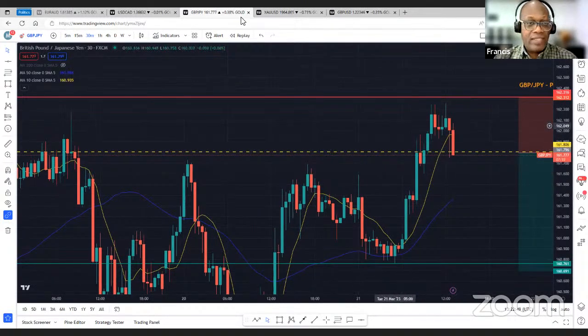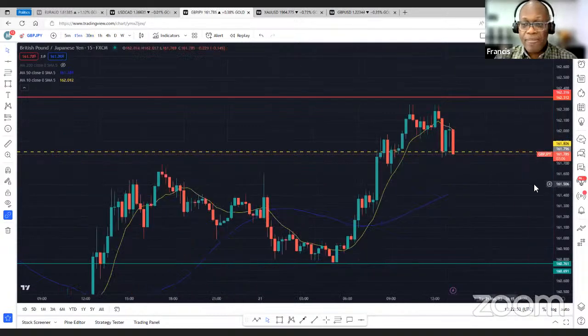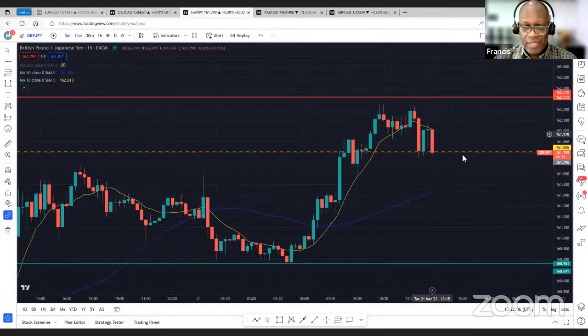Okay, so have a look at this, guys. Let me do some slight teaching here. If we go to the 15, we'll see what happened. This candle pushed down and continued, and then there was a slight push up. This green candle, as well as this doji candle, now it's come back down.